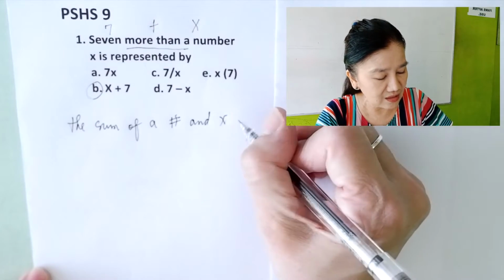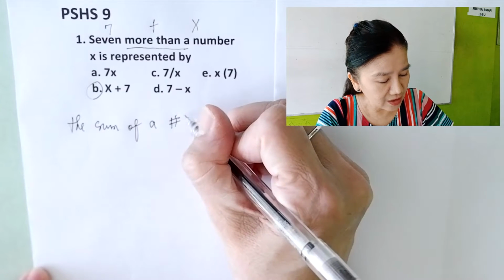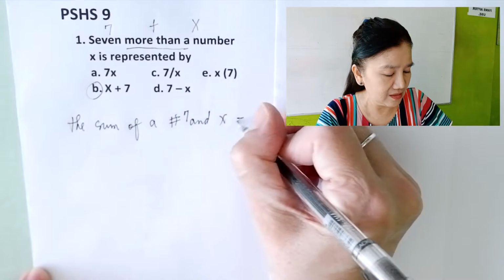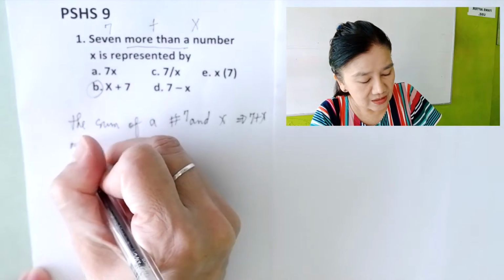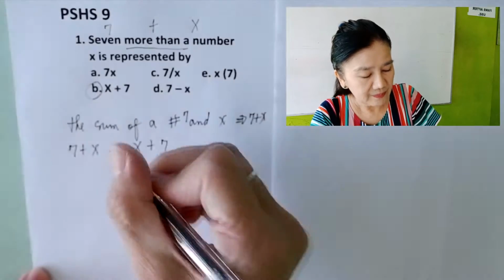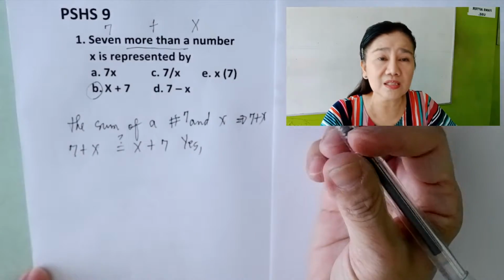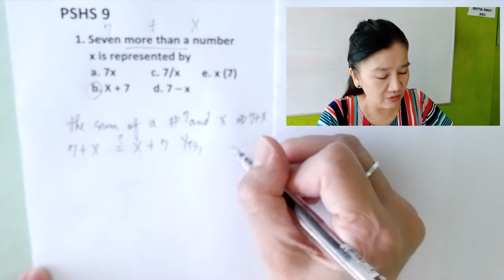So let's say a number 7 and x. So that is now 7 plus x. The question is, is 7 plus x equal to x plus 7? Yes, the answer is yes. What property is being illustrated here? The commutative property of addition.